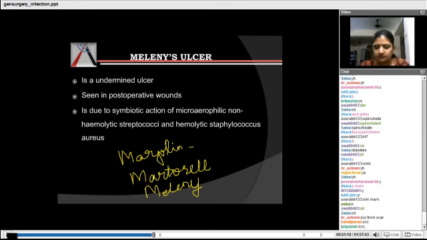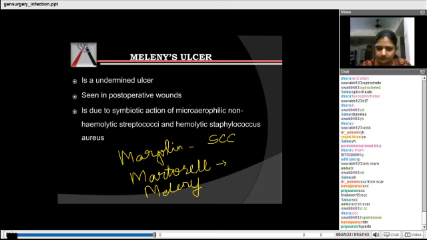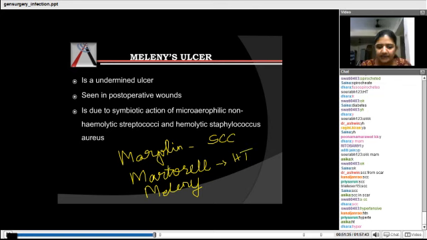Come on. Okay, a squamous cell carcinoma converting into a scar. Martorell's ulcer is seen in hypertensive patients.